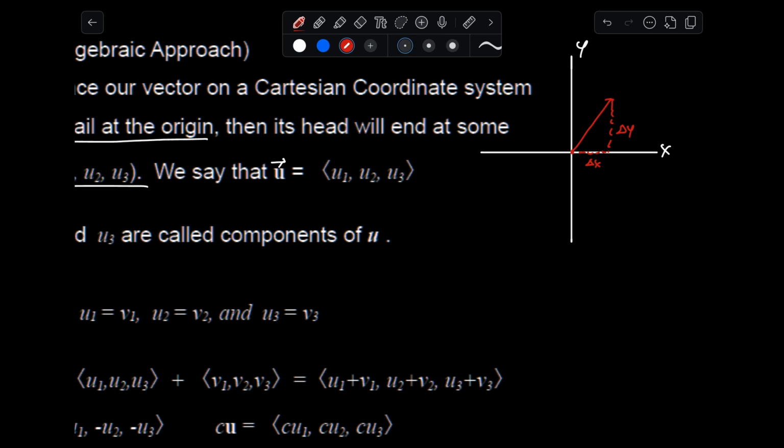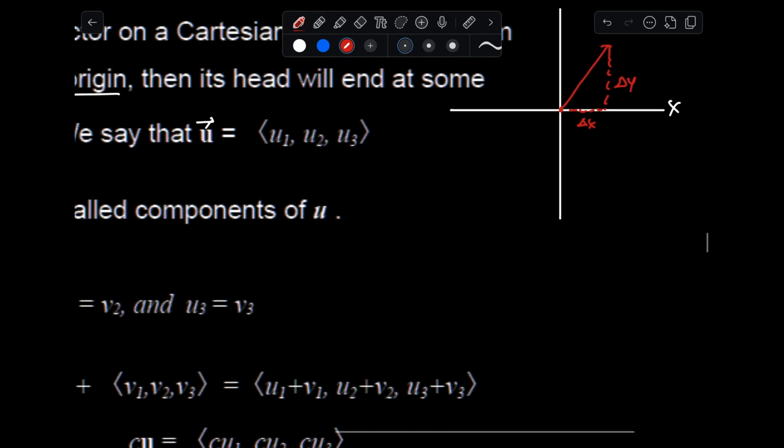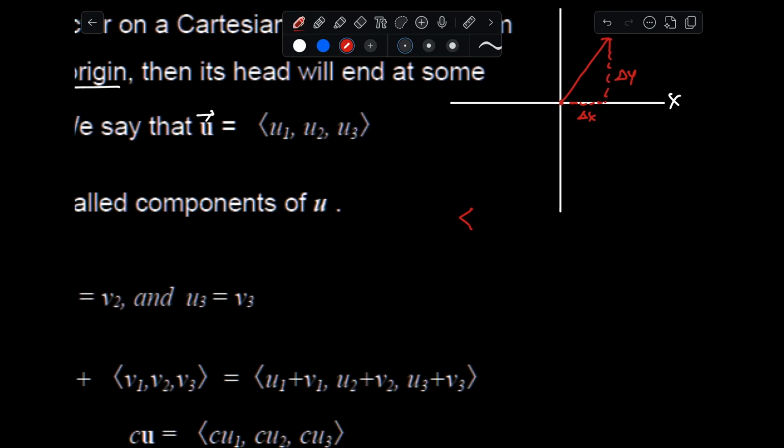You'll have some arbitrary delta z, right? So it would be delta x minus 0, delta y minus 0, delta z minus 0, because we're doing final minus initial, right?